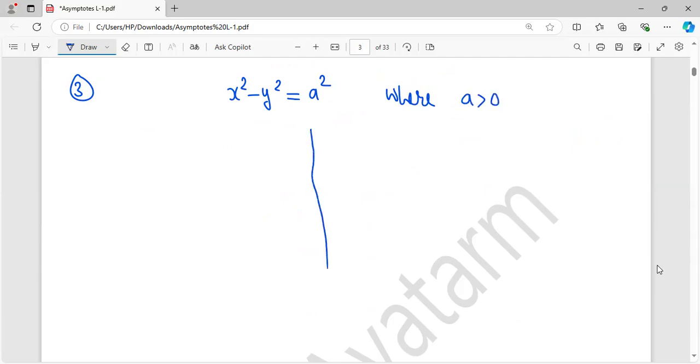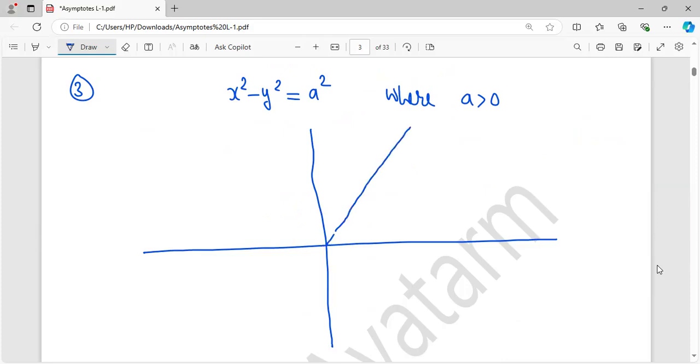Then what is the graph of this curve? So this is a, this is minus a.